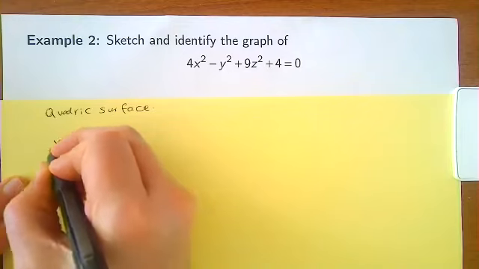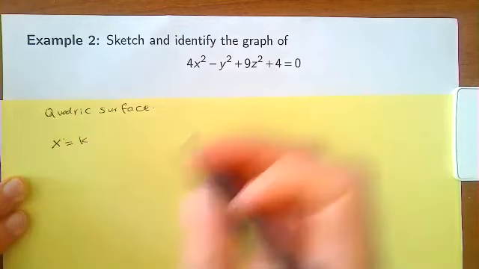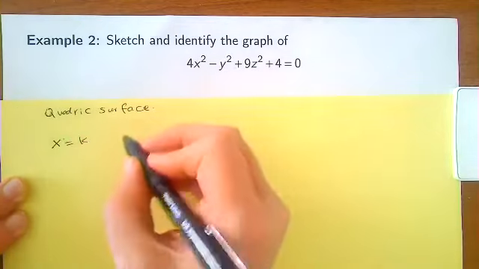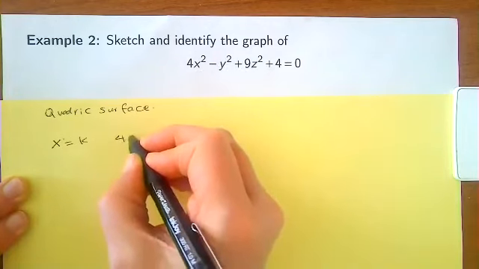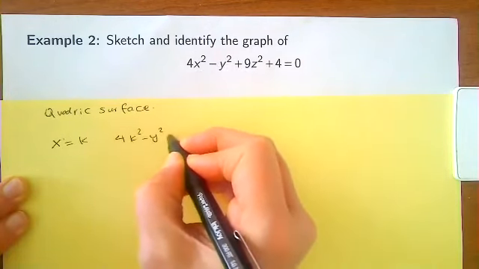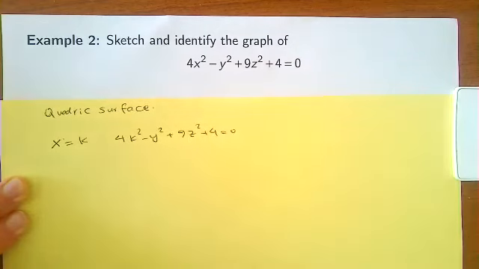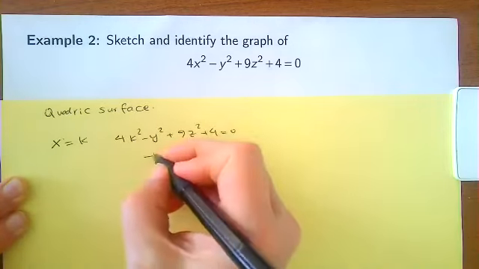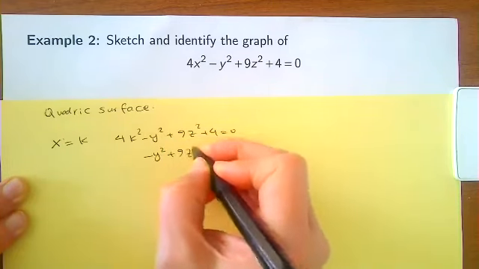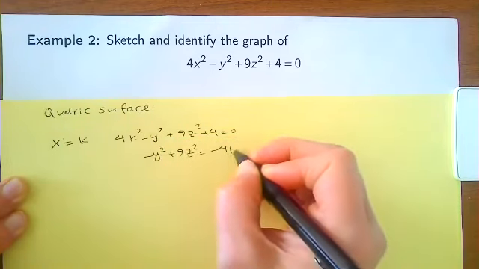So let's say x equal to a constant, plug in x equal to k, and what I get is 4k squared minus y squared plus 9z squared plus 4 equal to 0. Keep all the variables on one side, all the constants on the other.